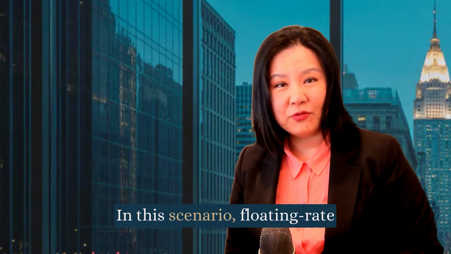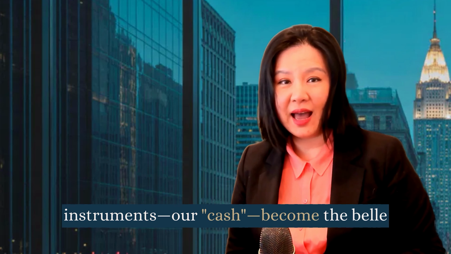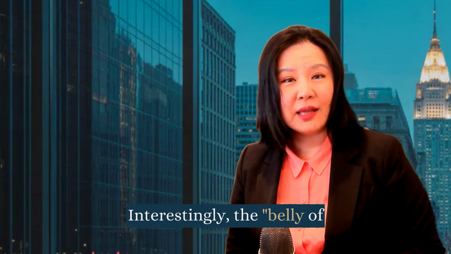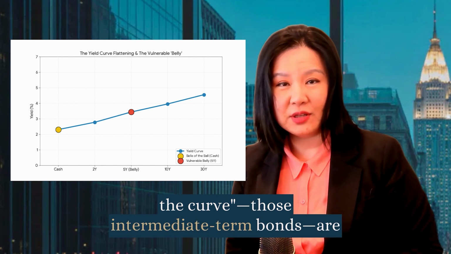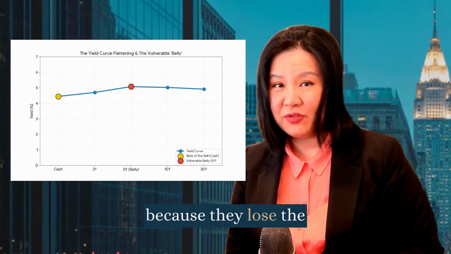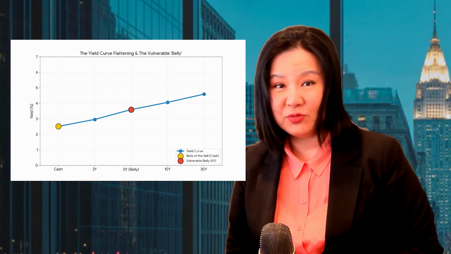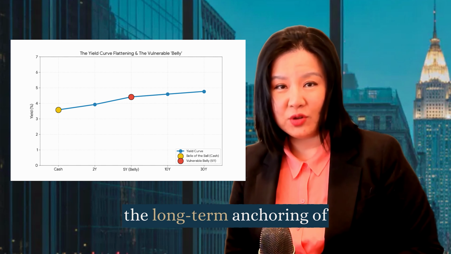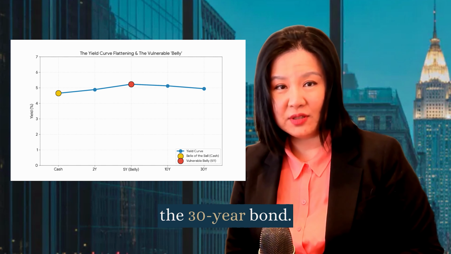In this scenario, floating rate instruments, our cash, become the belle of the ball. Interestingly, the belly of the curve, those intermediate term bonds, are actually the most vulnerable because they lose the protection of short-term rate resets but don't have the long-term anchoring of the 30-year bond.